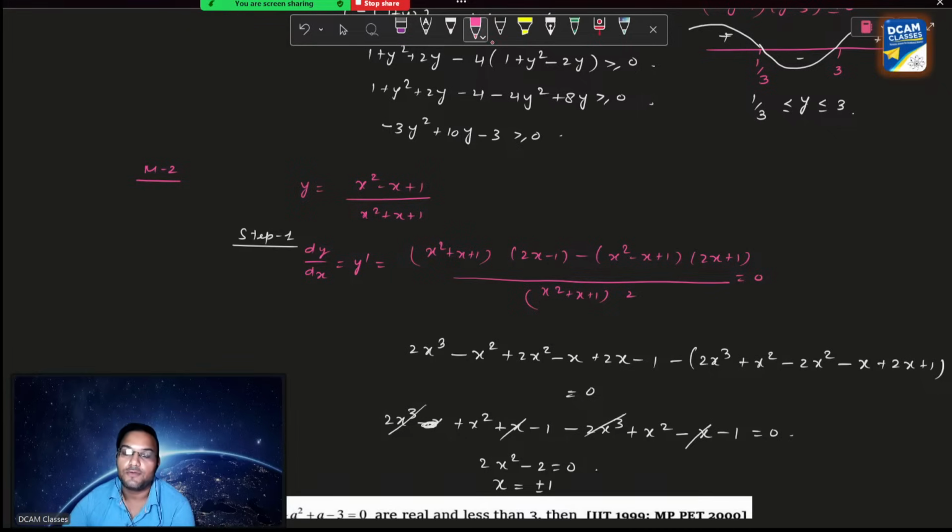Now if you remember, your step 2 is to calculate d square y by dx square at these positions, x is equal to plus 1 or minus 1. If at x is equal to plus 1 you are getting less than 0, it will be the value of maxima. At x is equal to 1, it has maxima.